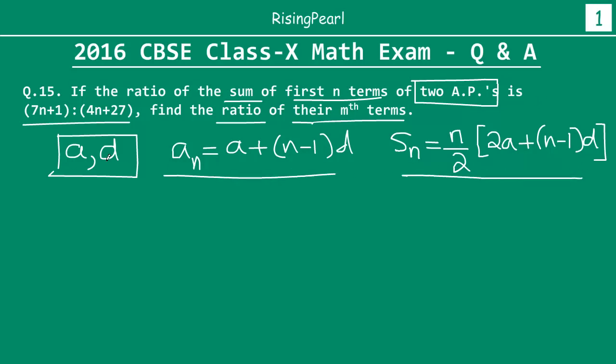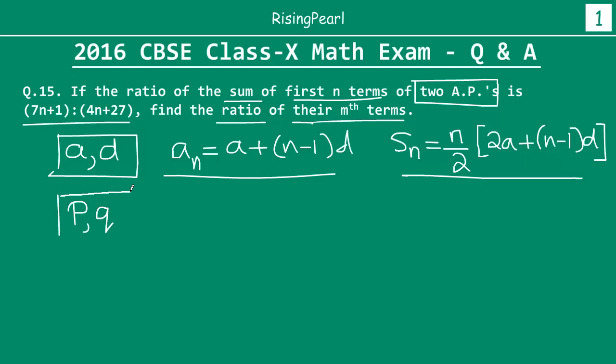Now what is given is we have two arithmetic progressions. While we can use this for the first arithmetic progression, we need a second set of first term and common difference. So let's assume for the second AP, the first term is p and the common difference is q.